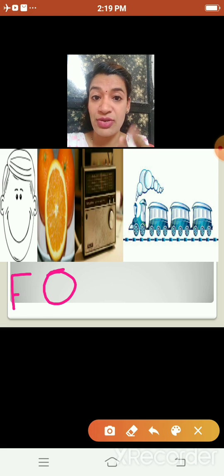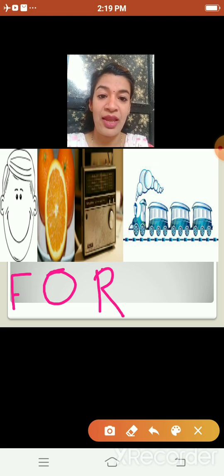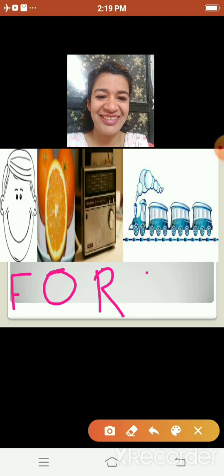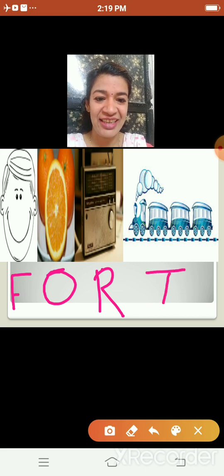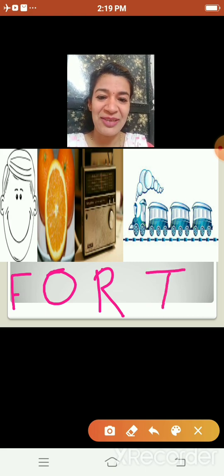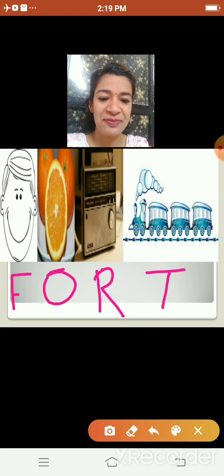So radio starts from R. And the fourth one is train. T. Okay. Now a word is formed. What is that word now? F-O-R-T. Fort.